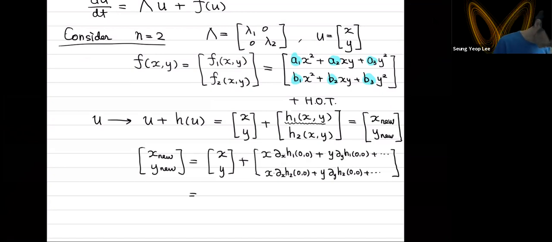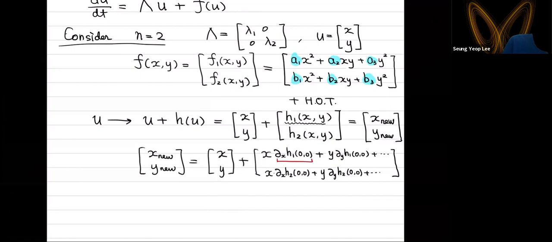Okay, so I can rewrite this one as the following: x, y plus... right, this is stupid. So the linear term is already... So what's wrong with this?